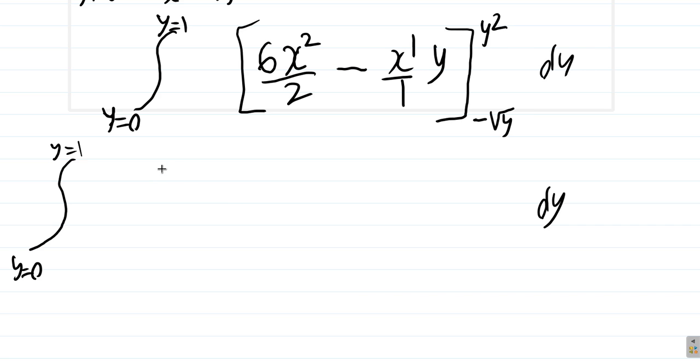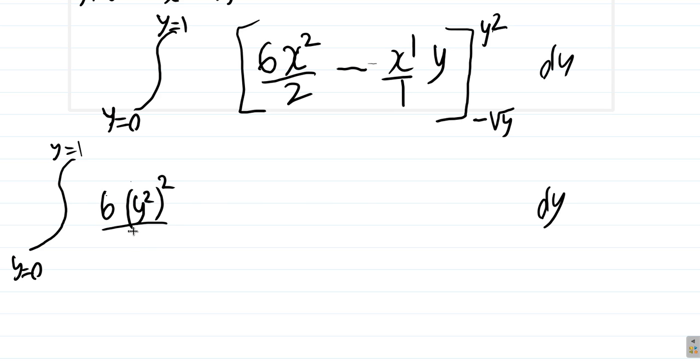Right? Okay. So you have 6 times x squared. You substitute the upper boundary for x. Now, x is y squared, so you substitute it for x. But x is squared, so it's y squared squared.